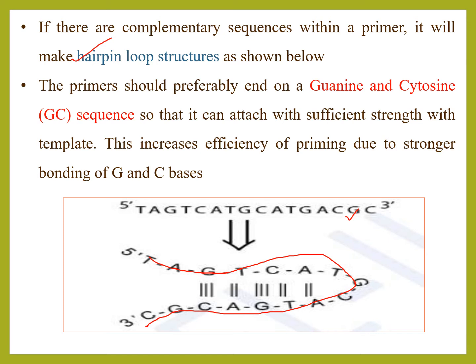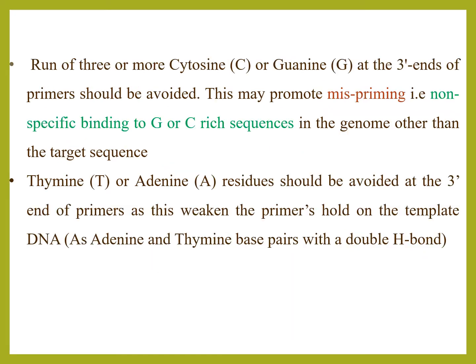So it will improve the efficiency of the priming because of the stronger bonding of these GC bases. At the same time, there should not be more than 3 cytosine or guanine at the 3' end of the primers, because it may lead to mispriming, that is non-specific binding of these G or C rich sequences.